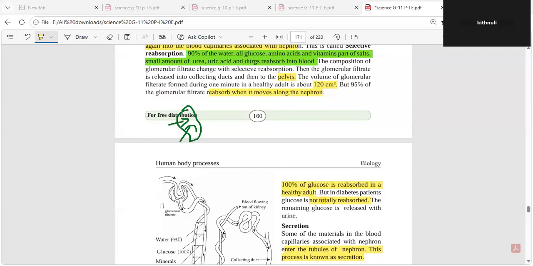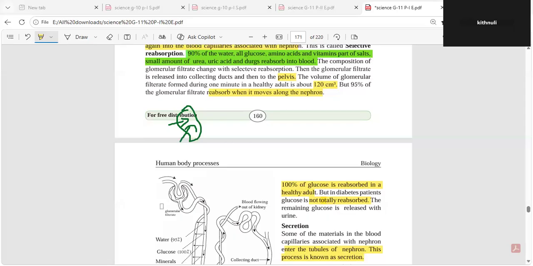Usually, if you are looking at the volumes, the volume of glomerular filtrate, that means the initial filtrate of a healthy adult, is 120. Right? 95% of that 120 will be reabsorbed through the nephrons.